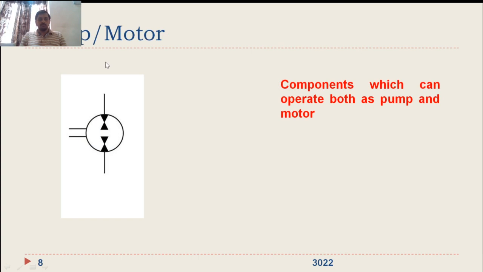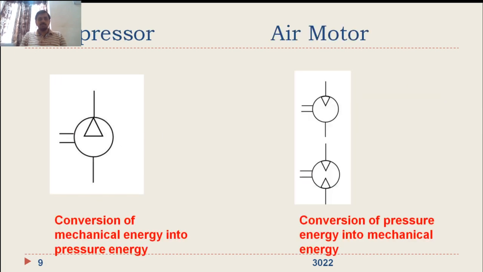Now there may be devices which can work as a pump or motor, which is usually represented by arrows like this, both inward and outward directional arrows. This is for a bidirectional pump/motor system, which can operate both as pump and motor. Now coming to the compressor, you can see the difference here.